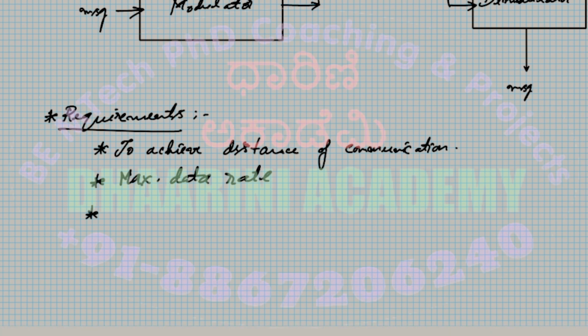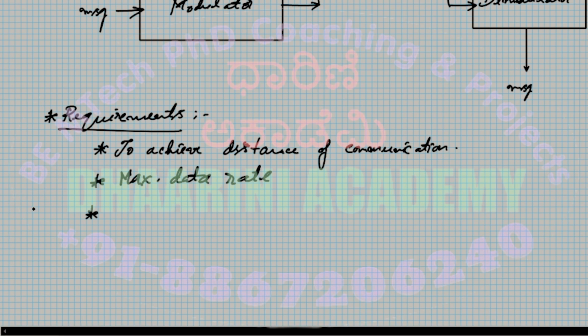If you use the appropriate modulation technique, definitely you will be able to achieve the minimum transmitted power requirement. With the minimum amount of power, I should be able to achieve that. So that's the next one: minimum transmission power.